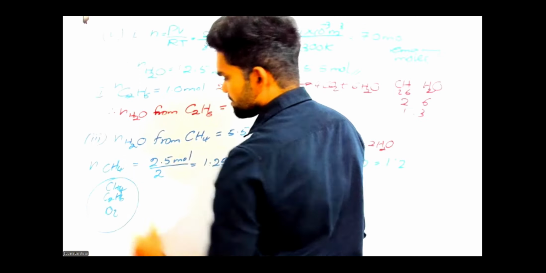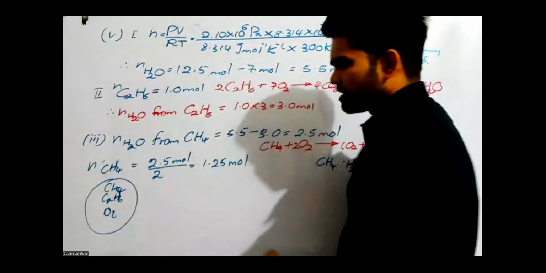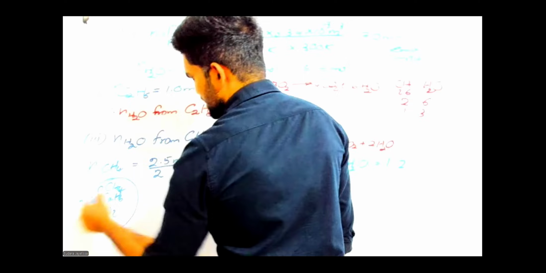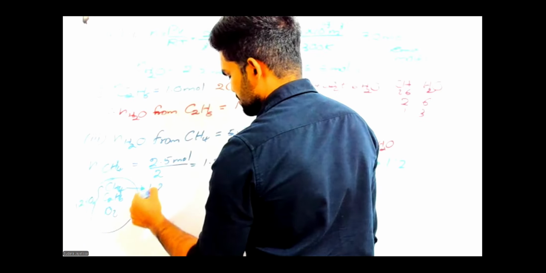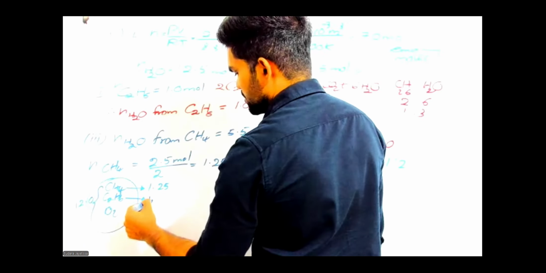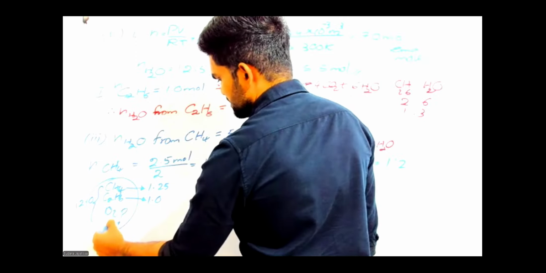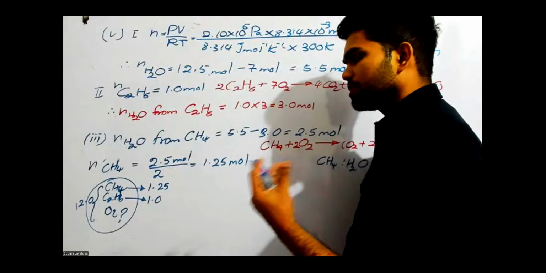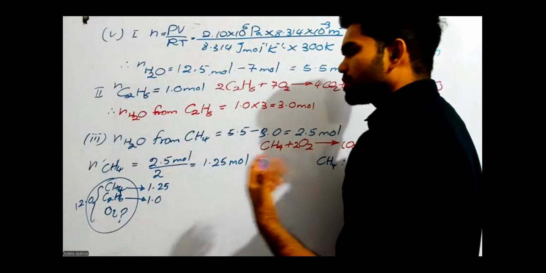That's all you have. So you know the total is 12.0, CH4 moles is 1.25, C2H6 moles is 1 mole, and the rest is O2. Don't try to do other ways, it will consume most of your time.